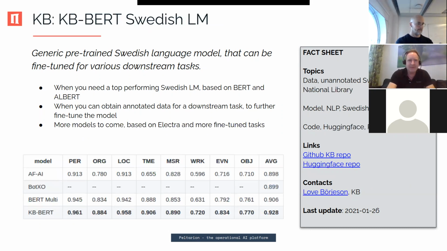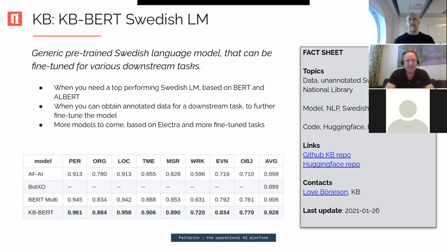We have the National Library that also built a number of Swedish language models and pre-trained BERT models. And they could make use of the huge amount of data they have in the National Library to build these models. They built not only BERT, but also Albert. And I think they're preparing now with Magnus and others to also build an Electra-based version of this.